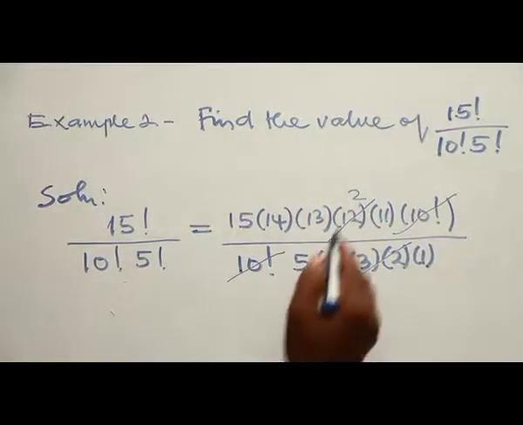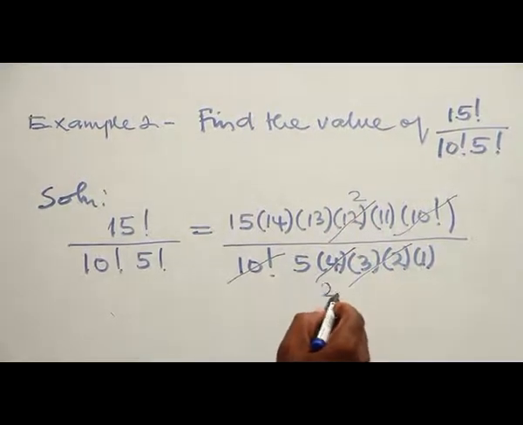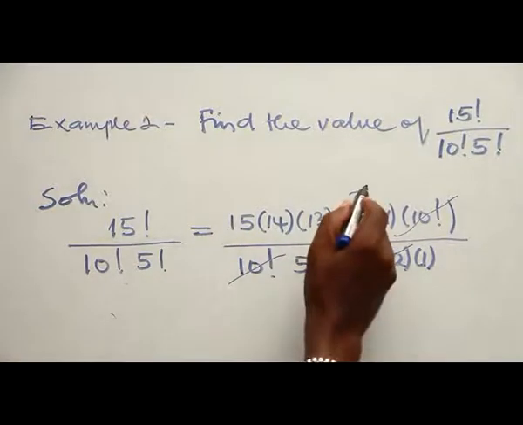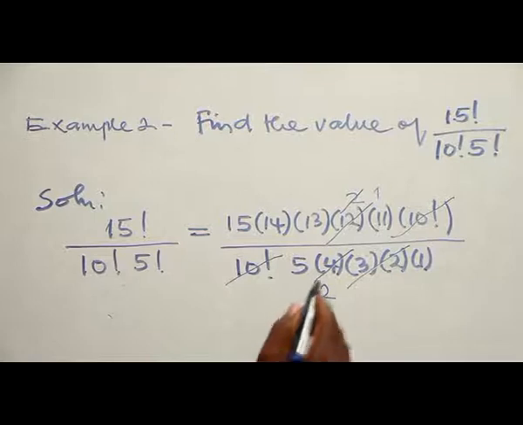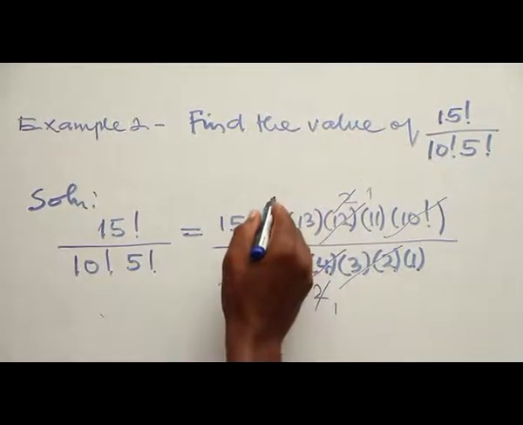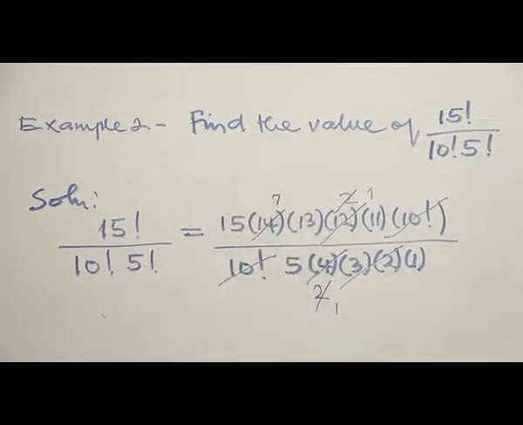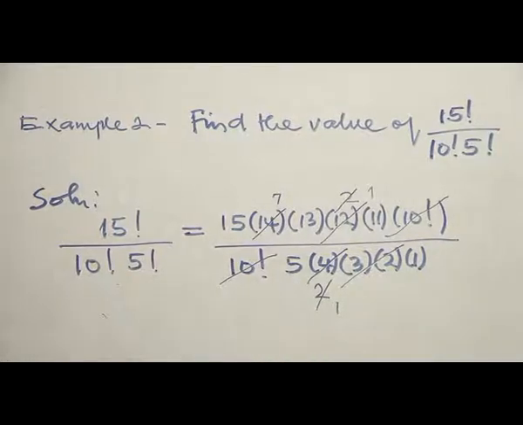So your 4 will be cancelled by 2, and this 2 will also be cancelled by that. Now your 2 will cancel your 14 to give you 7. So everything in the denominator except 5 has been cancelled.